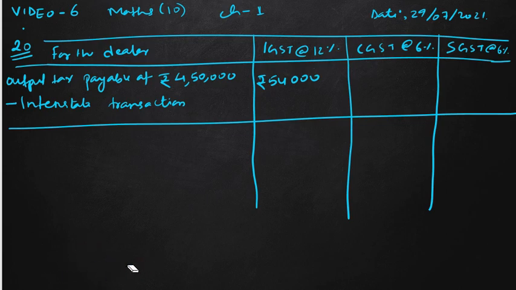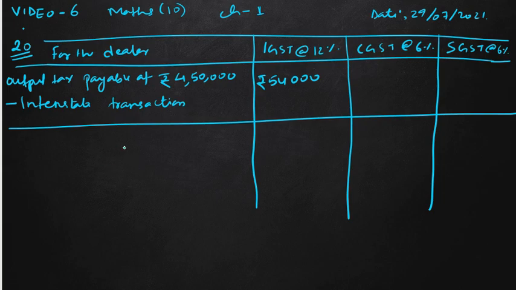Now, in the second case, the dealer has again sold goods worth rupees 6 lakh within Delhi. The dealer was in Delhi and he sold goods for 6 lakh. The tax collected on the selling price of the goods is the output tax.